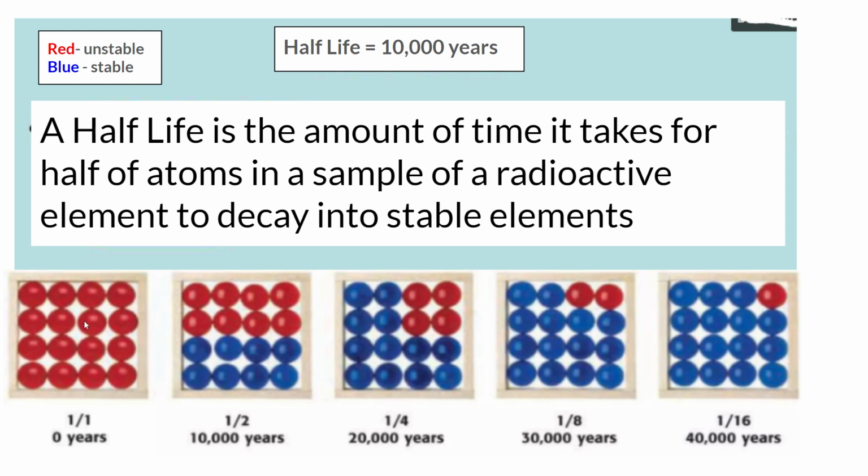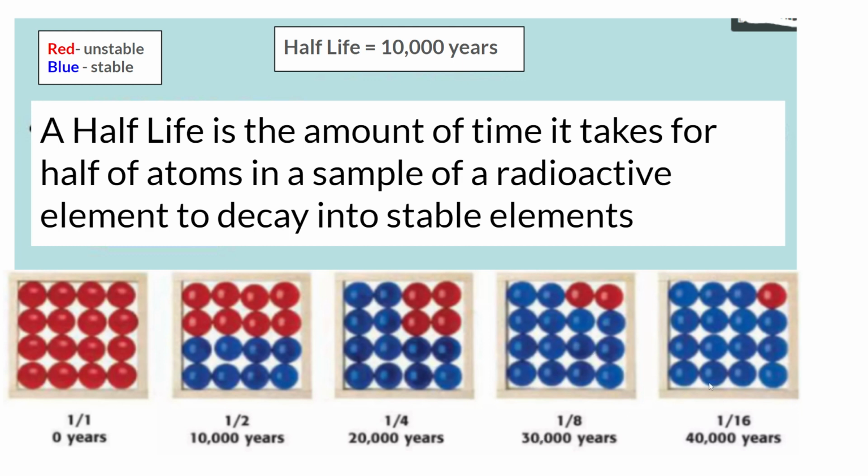Say I have a sample of unstable elements in red, and blue means they turn stable. This sample of red elements will take 10,000 years for half of my sample to turn stable, blue. It will take another 10,000 years for another half of my sample to turn stable, and then another 10,000 years for half of my leftover unstable atoms to turn stable. So I had four red atoms that were unstable, half of them became stable, blue, and it took 10,000 years.